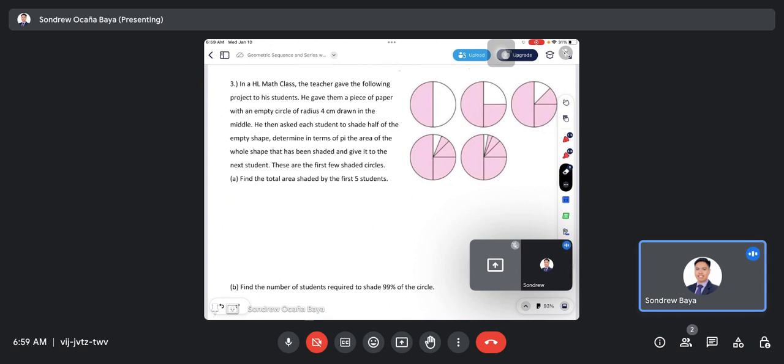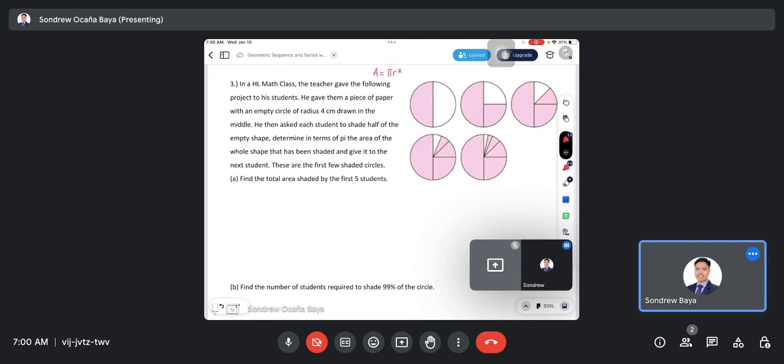All right. So assuming that you already have read the situation and done the necessary initial steps, the situation talks about students shading a circle each time. First up, we are talking about the area of the circle being shaded. The formula for the area of a circle is pi r squared.